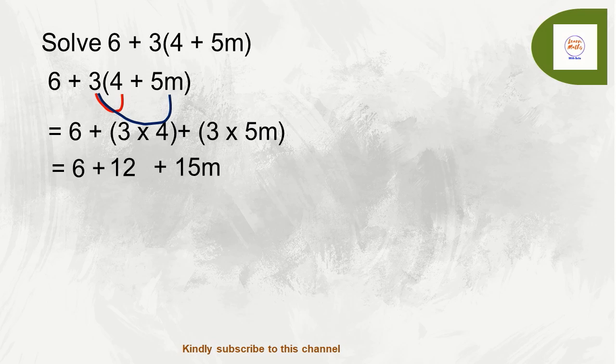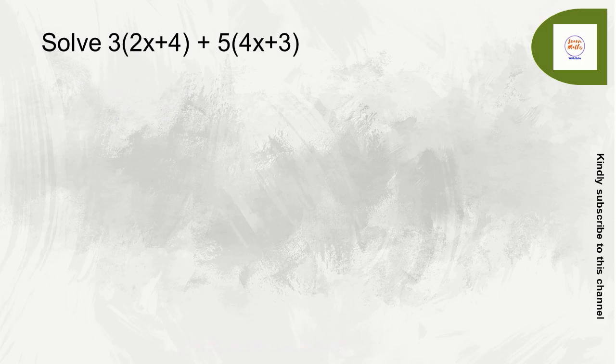The like terms in this expression are 6 and 12, which will be added together to have 18 plus 15m. There is no other simpler way that we can put it, so we leave this as our answer. And let's go to the next example.